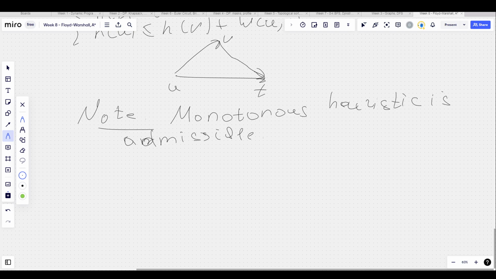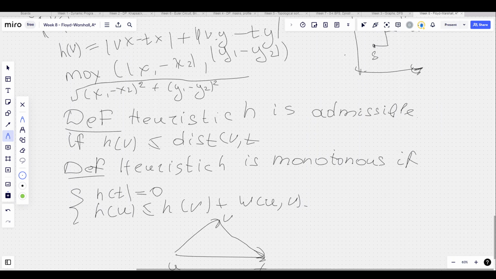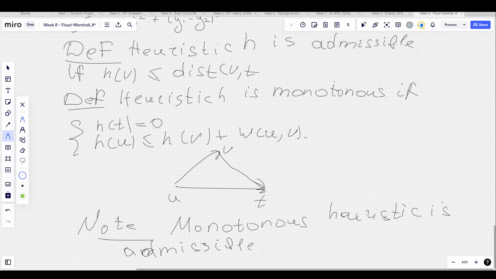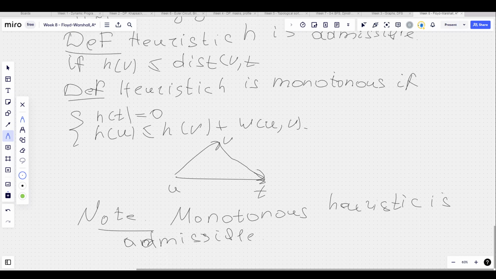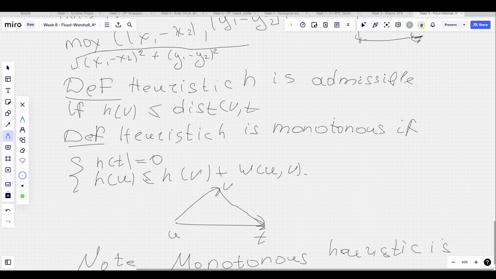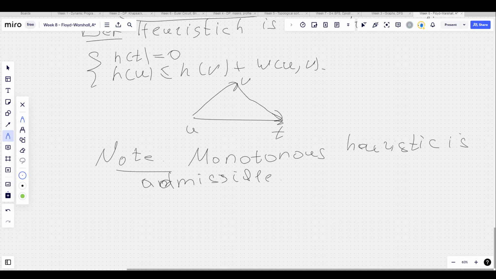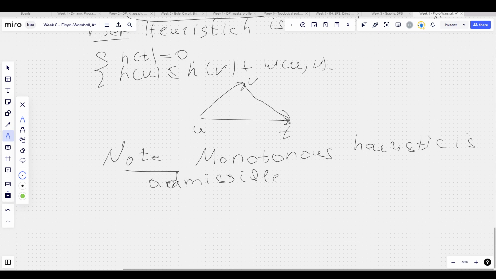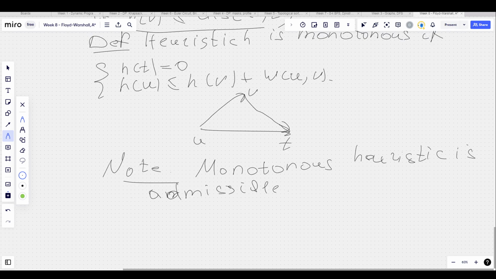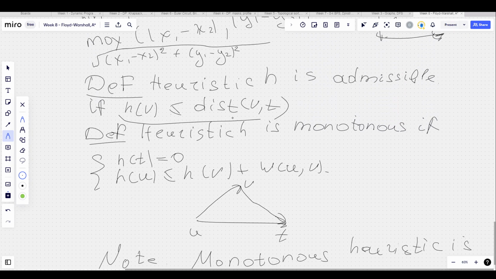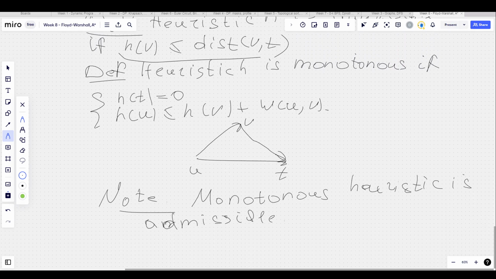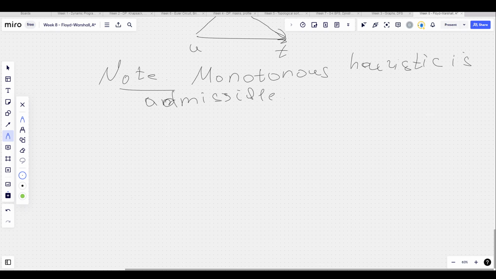What can we do to prove this statement? We consider this inequality. We want to prove this inequality using this. So the base: h(t) equals to null is true. h(t) less than dist(t, t) equals to null is true.